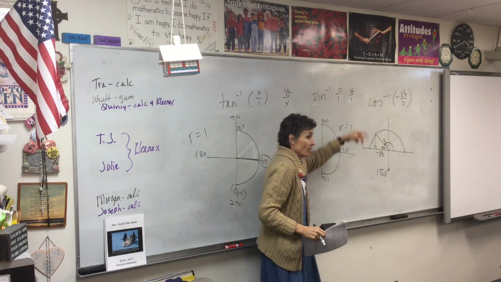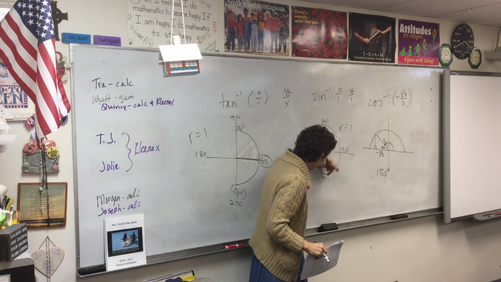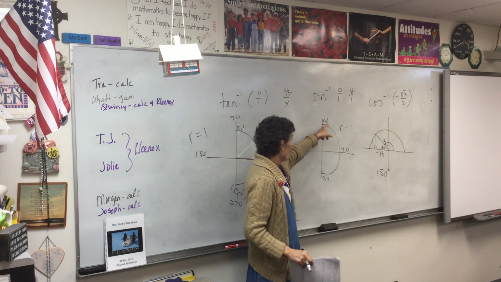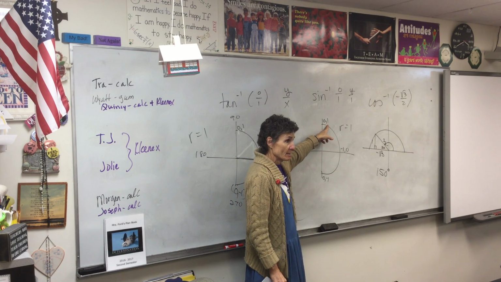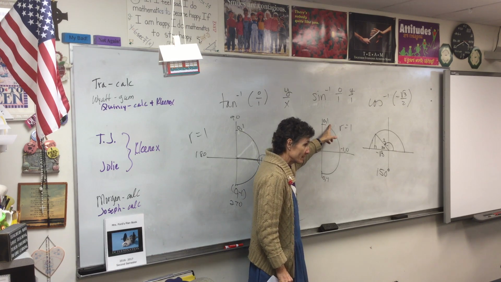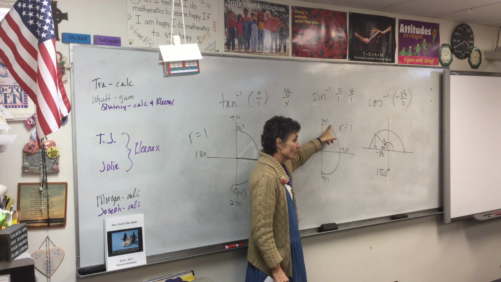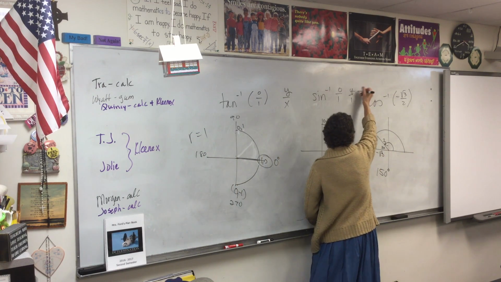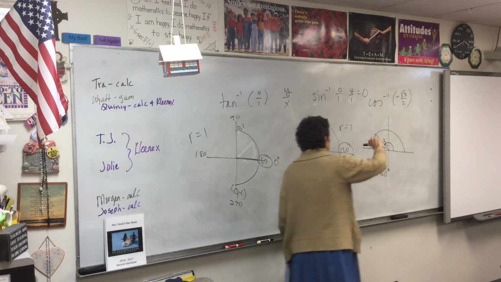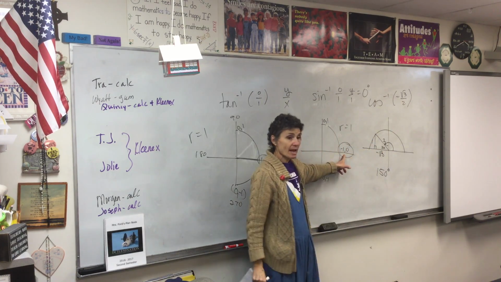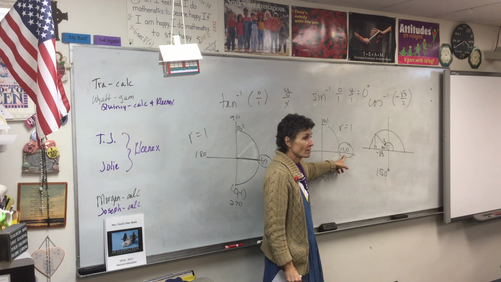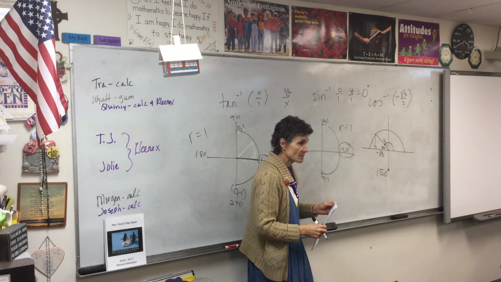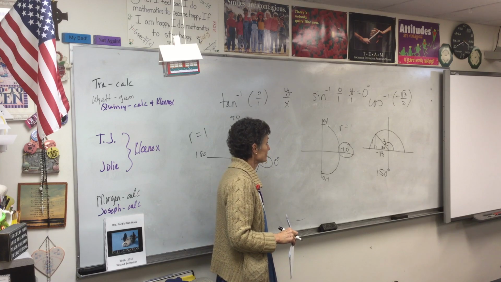So I need y to be 0. Where does it happen that the y coordinate is 0? It does not happen at 90. The y coordinate up here is 1. X, y, kids, points. Y coordinate's 1. Where does it happen that the y coordinate's 0? At 0 again. So the answer to the question is 0 degrees. This is the angle where if you put y over r, you get 0 over 1. Well, sine is y. Cosine is x.